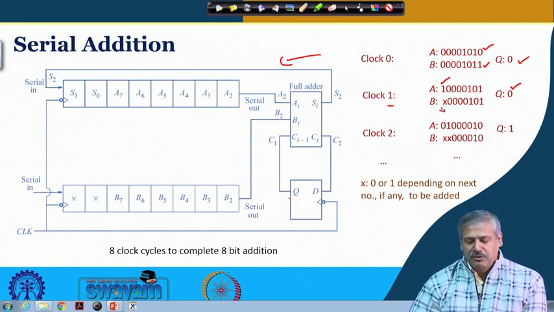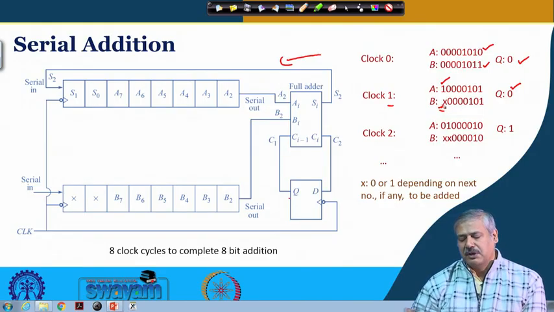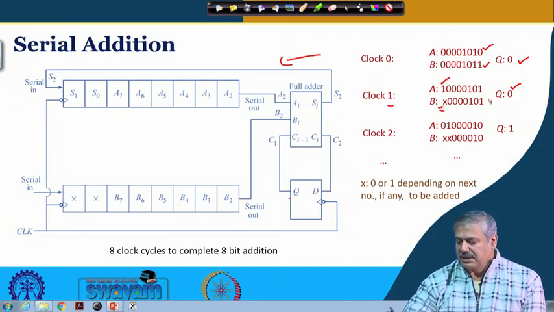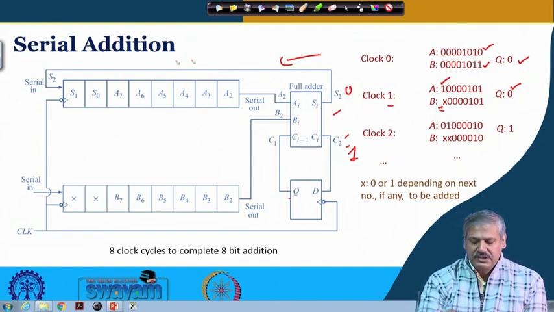And for B, after 1 clock pulse, the next number or some other value of no significance will come here. If it is the next number, then if it is 0 it will be 0, or 1 it will be 1. Otherwise, we say we do not care. Next clock pulse, what will happen? Since it is combinatorial logic, 1 plus 1, which is 0, is generated, and carry generated as 1 within the same clock cycle, but we need the clock trigger for this 0 to come over here.